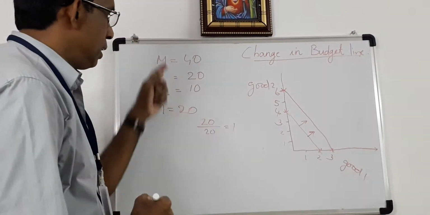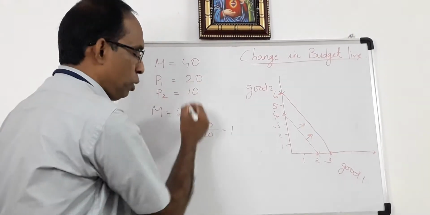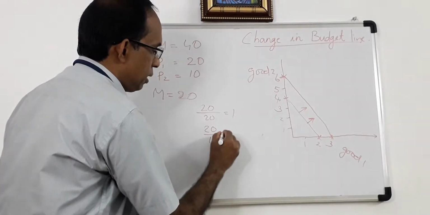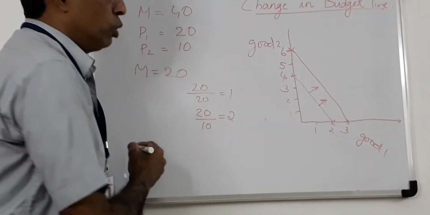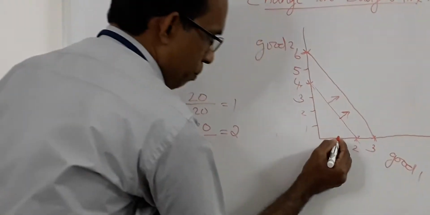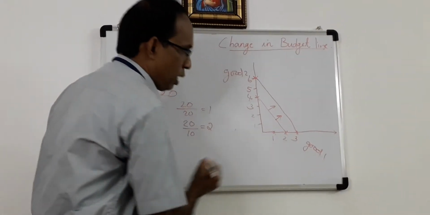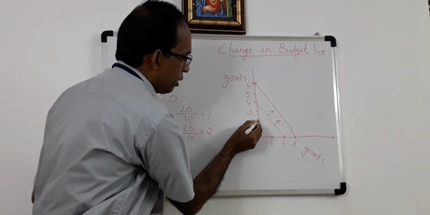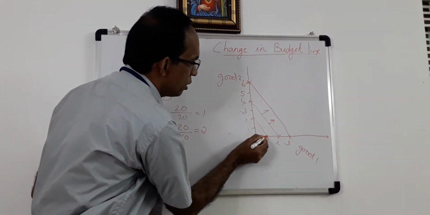And also y-intercept m divided by P2, that is 20 divided by 10, that is equal to 2. So new budget line x-intercept is 1 and y-intercept is 2 and new budget line is this one.